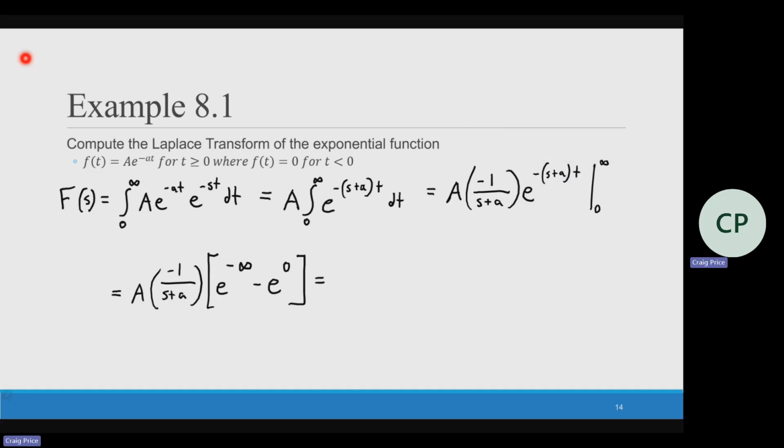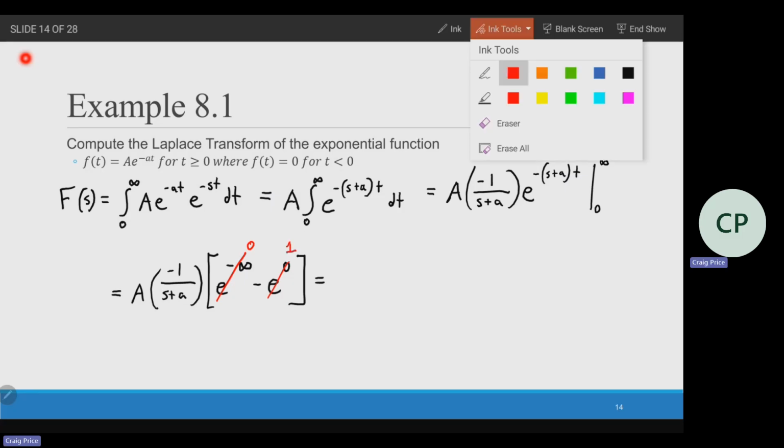That's how we can do it. What is e to the negative infinity? 0. What is e to the 0? 1.